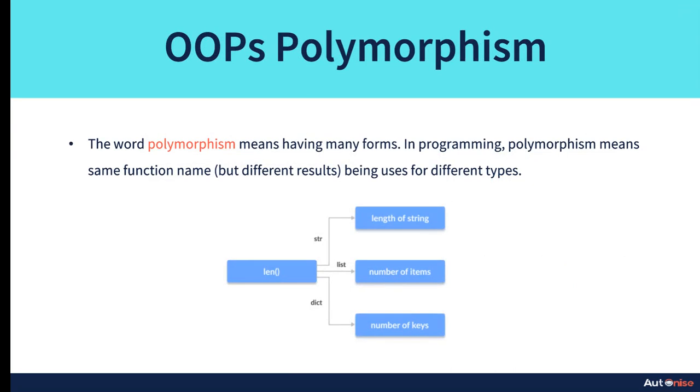Next, we have polymorphism theory. What is polymorphism? The word polymorphism means having many forms. In programming, polymorphism means same function name but different result.